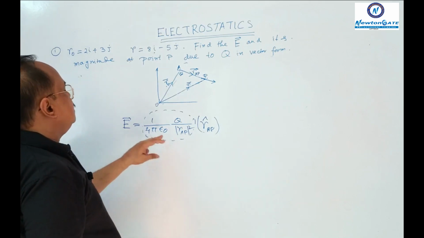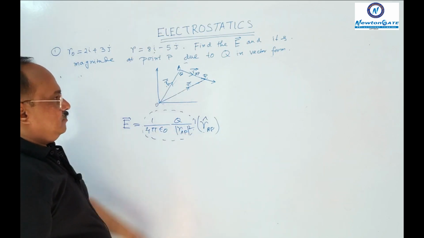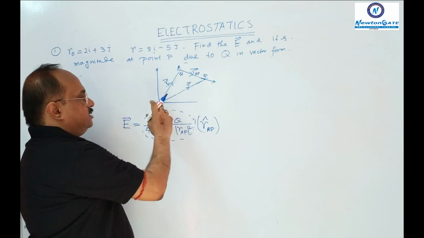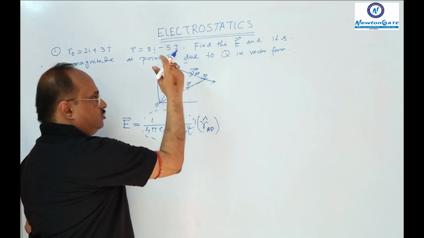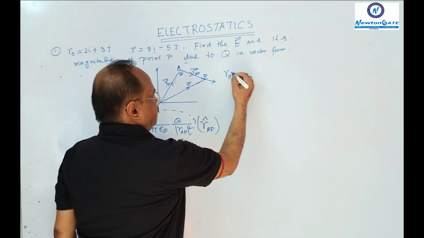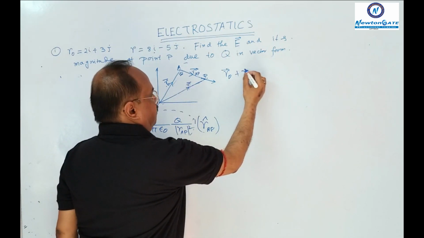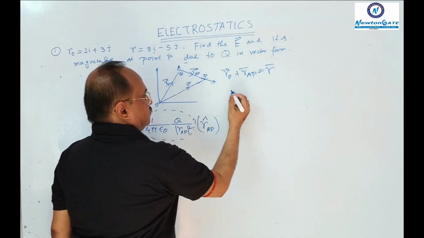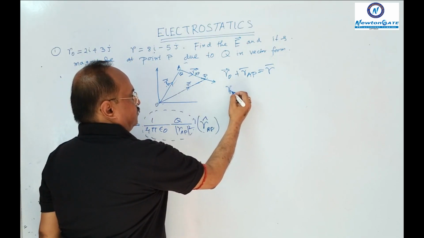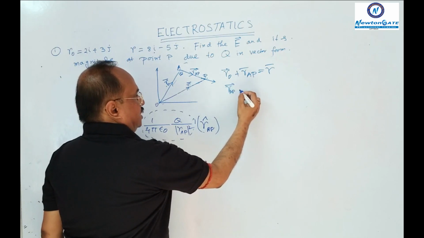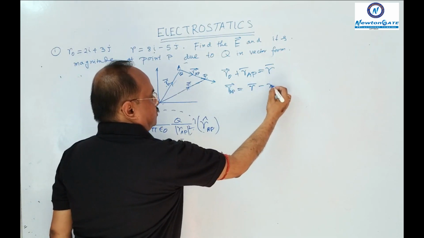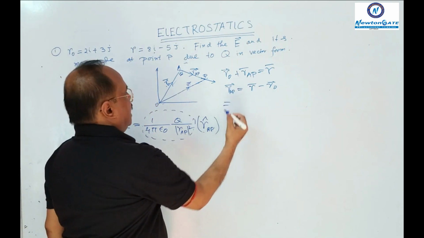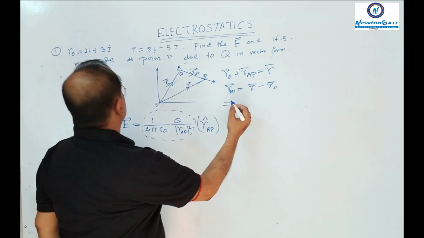Now the question is, how will I get the vector RAP? Here you see, according to the triangle law, this vector plus this vector is equal to this vector, that is R0 plus RAP is equal to the vector R. Therefore the vector RAP is equal to vector R minus R0, right?